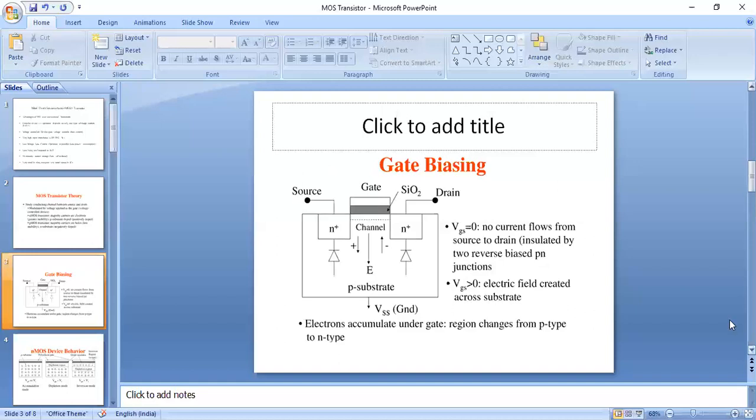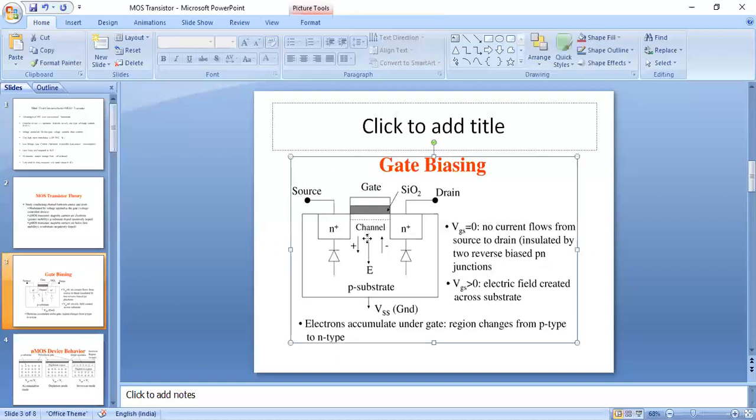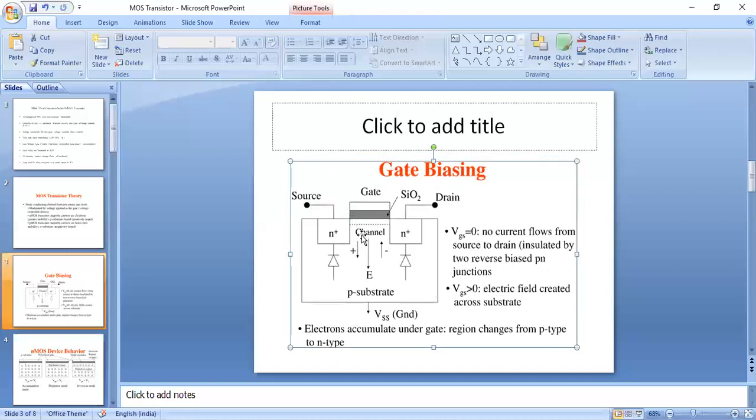From this diagram, this entire portion is occupied by P-type material only, and these 2 places are in reverse bias.